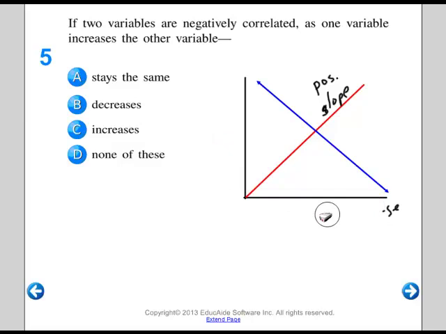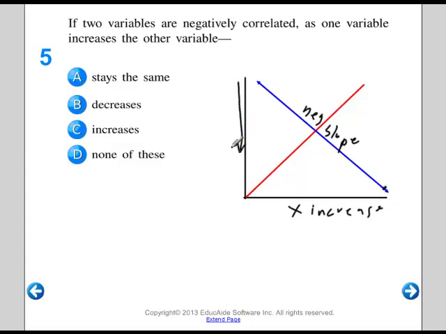So we know that a positive slope or positive correlation means both numbers are getting larger. But let's look at this one. So we know this is a negative slope. As I'm going this direction, my x is increasing over here. But I know that now I'm going down, so that means my y is decreasing. So as one variable increases, the other variable must decrease for it to be a negative correlation.